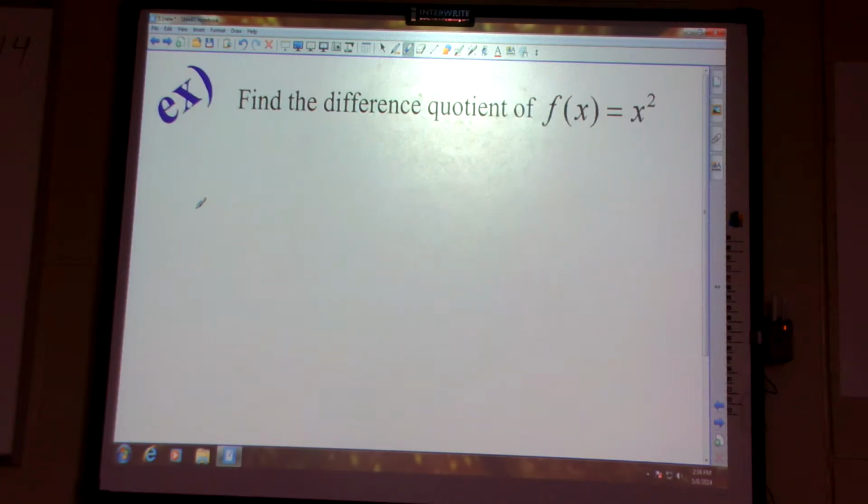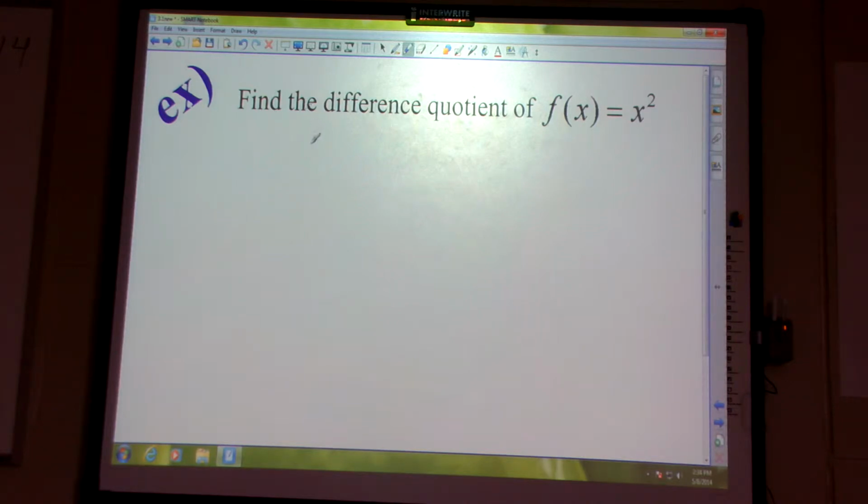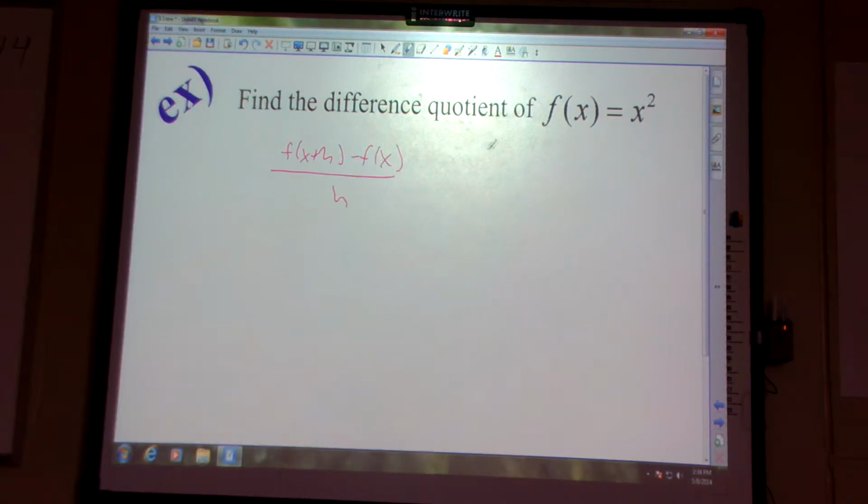So let's try one. Very basic one, x squared. So I want to find f of x plus h minus f of x all over h. I'm first going to find f of x plus h. That's exactly how we started our first example. So that is going to be plug all this into my function.